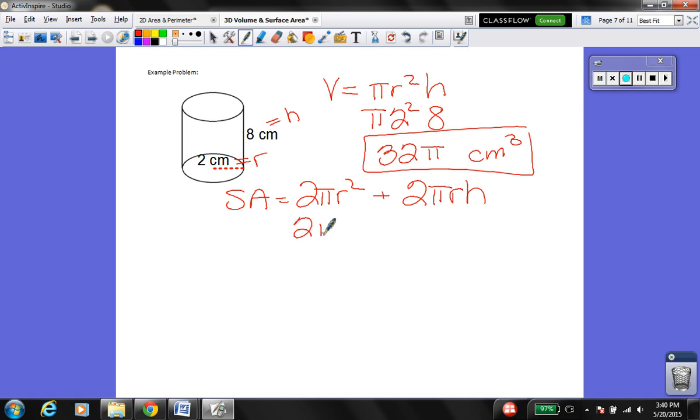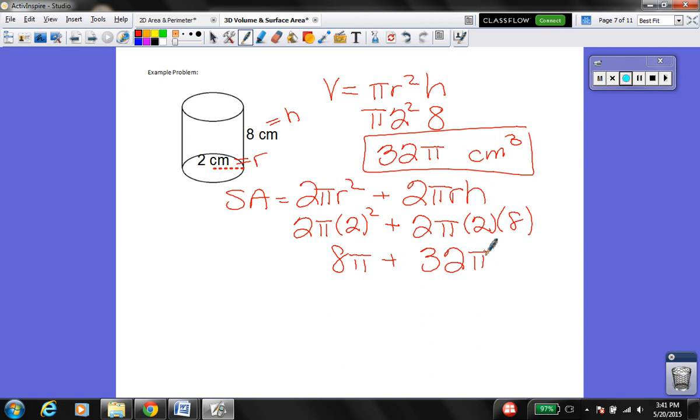So 2 pi r, 2 squared, plus 2 pi times 2 times 8. I have 4 times 2 is 8, 8 pi, plus 2 times 2 is 4, times 8 is 32 pi.